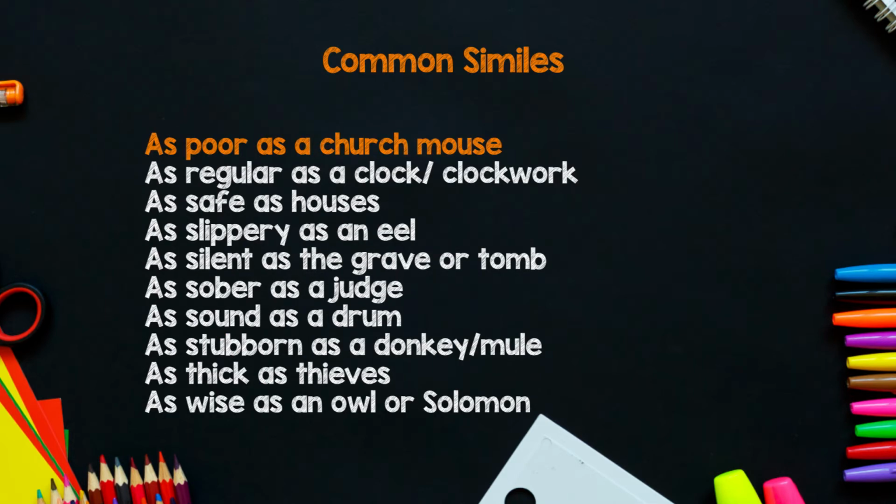Other common similes include as poor as a church mouse, as regular as a clock or clockwork, as safe as houses, as slippery as an eel, as silent as the grave or tomb, as sober as a judge, as sound as a drum, as stubborn as a donkey or mule, as thick as thieves, and we are striving to be as wise as an owl or Solomon.